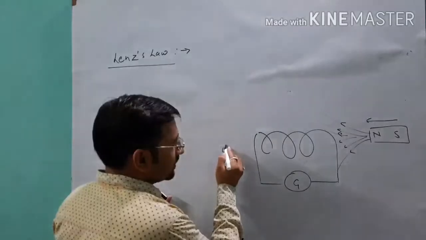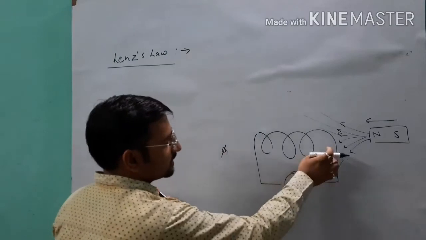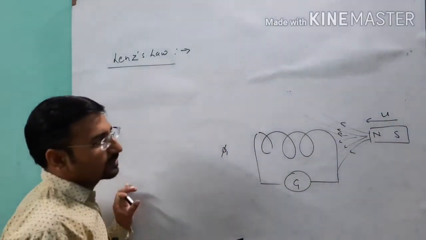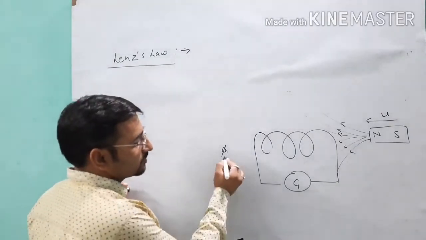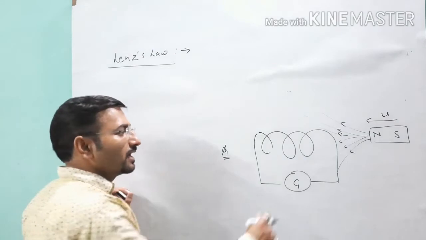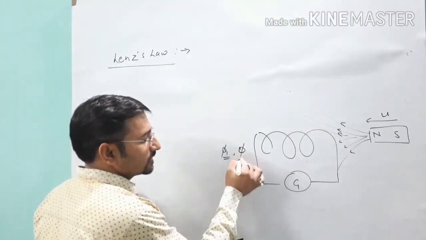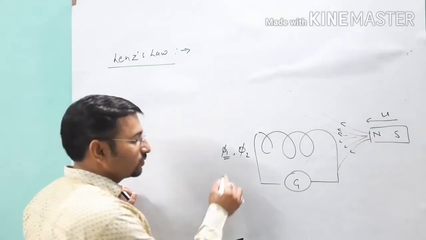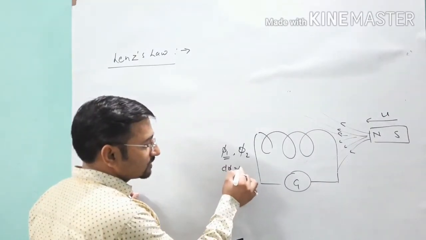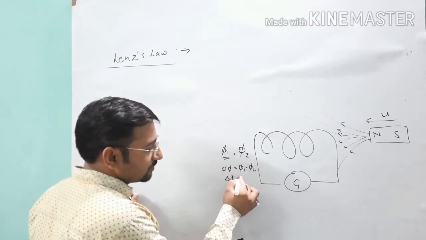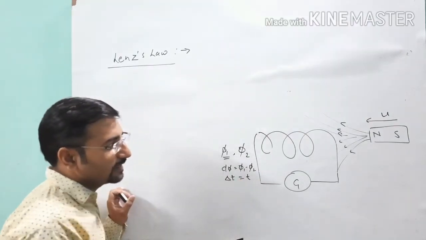Suppose initially, when the magnet is moving with velocity v, the initial magnetic flux linked with the coil is phi1, and after time interval t, the magnetic flux linked with the coil is phi2, and the change in magnetic flux is phi1 minus phi2 in the given time interval t.